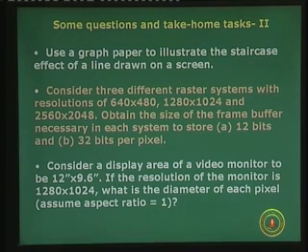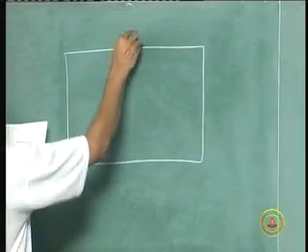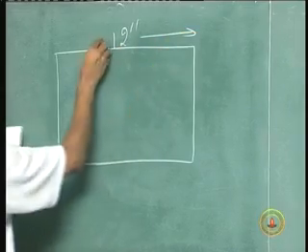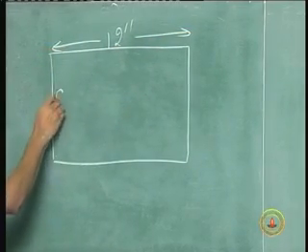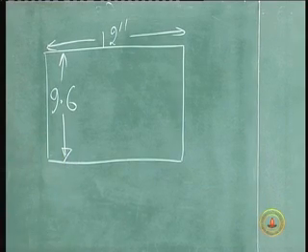So, that is where in this case, although this problem is very easy, we said that let us say you have a video monitor where the size is 12 inch in width and 9.6 in height.